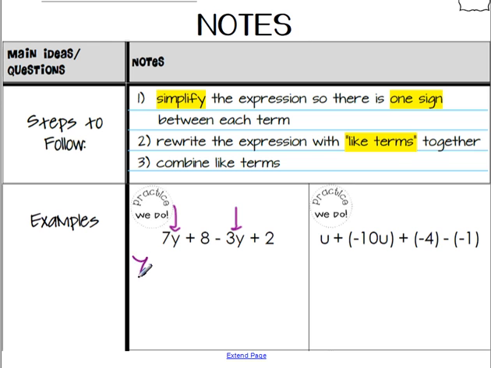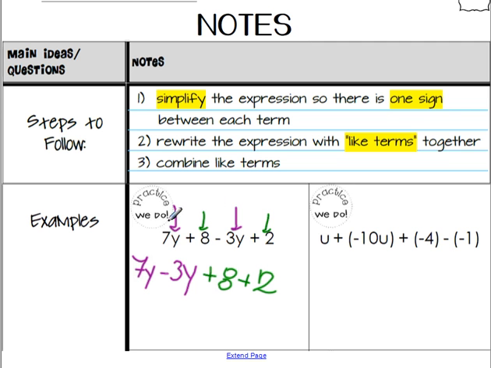So we have 7y minus 3y, and then the 8 and the positive 2 are our constants, and you can also combine constants together. So then we would have a positive 8 plus 2.